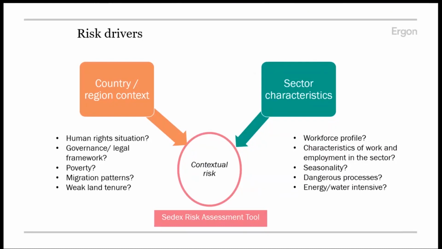The problem is enforcement and capacity to enforce. What's the level of poverty? Poverty is generally associated with labour abuses, with environmental abuses. What sort of internal or external migration might there be? Again, migrants are at more risk of abuse. So issues like that can give you a reasonable picture of the level of risk at a country level.